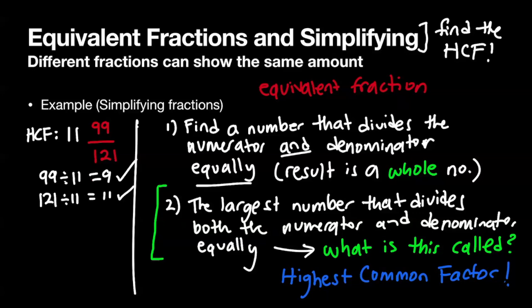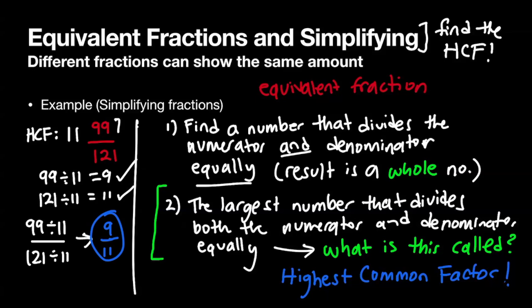So now we can simplify the fraction pretty easily. All we need to do is divide the numerator and the denominator by the HCF. And we already did that, so we have 99 divided by 11 over 121 divided by 11, and that equals 9 by 11. So that is our fully simplified fraction.